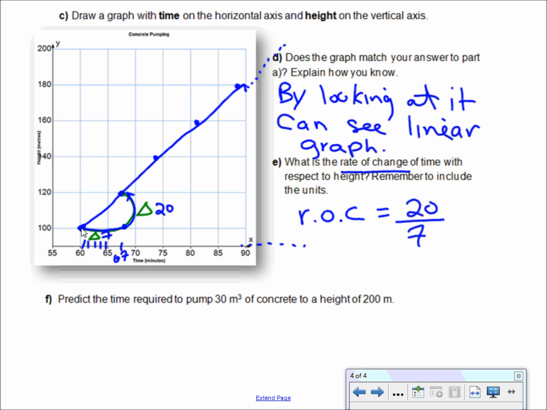Okay? You guys can do it a little bit better because you have more space, maybe. It's harder for me to do it. No? Okay. So our prediction is what? Sorry, Calvin? 2 hours. And Calvin, you just said, well, this would be what? 100? Well, it takes 60 minutes to pump it to 100 meters. There you go. 60 minutes to pump to 100 meters, so you go from there.